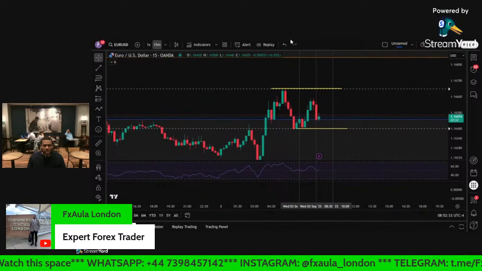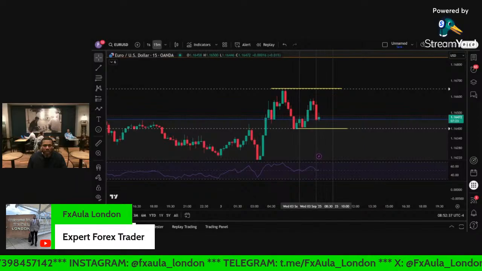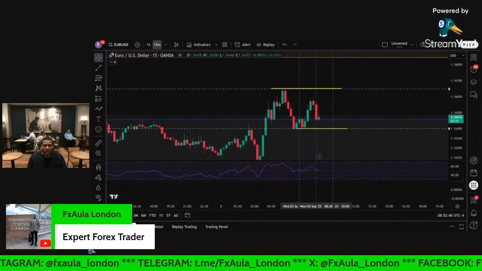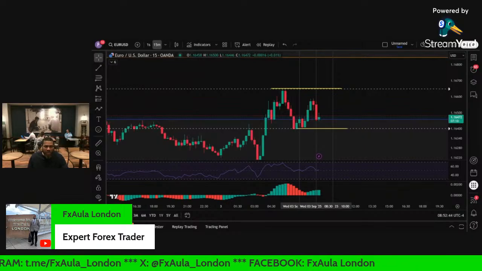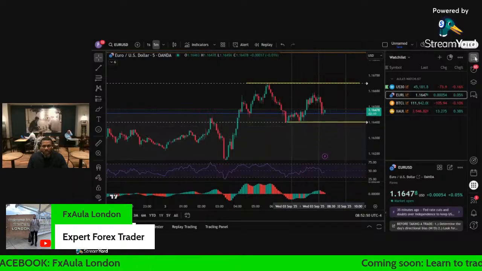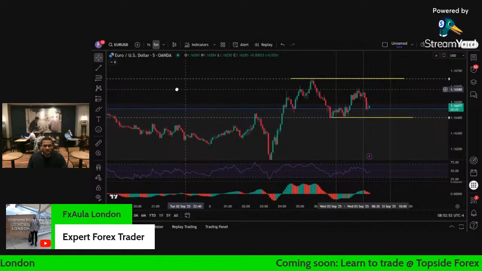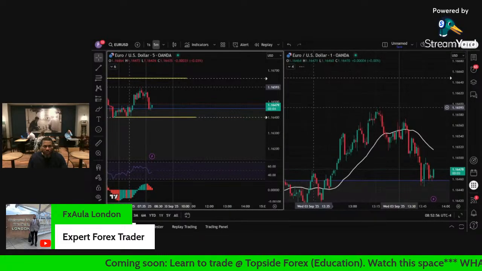So what I normally do, because this trade is taken on the 1, 2, 3, 4 or 5 minutes, I divide my screen into 2. I have another screen which I've also divided into 2.